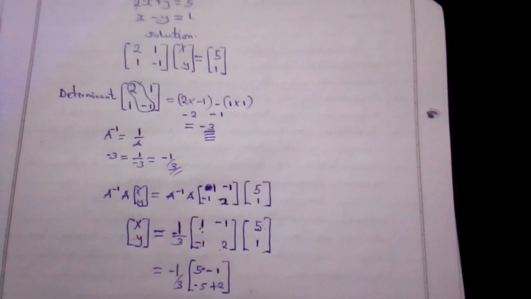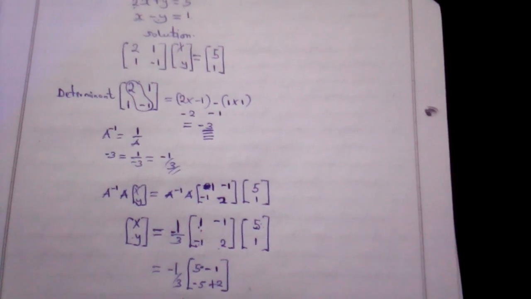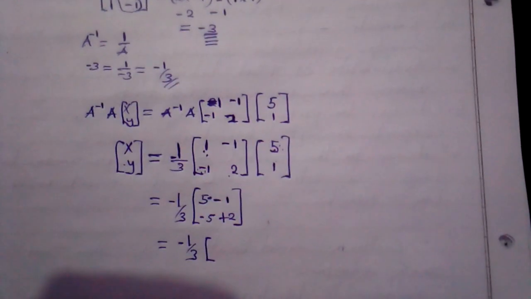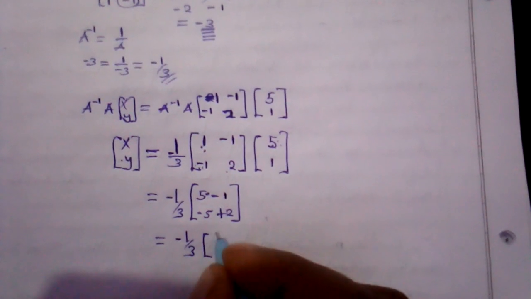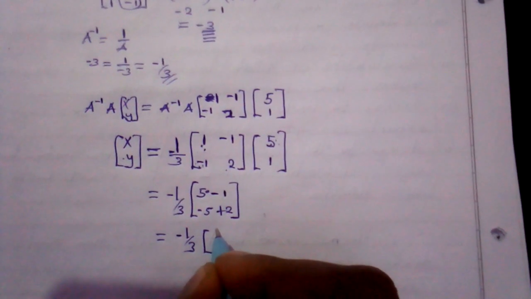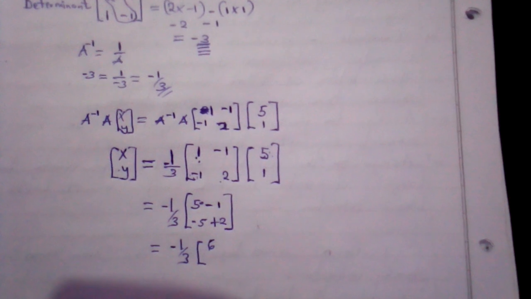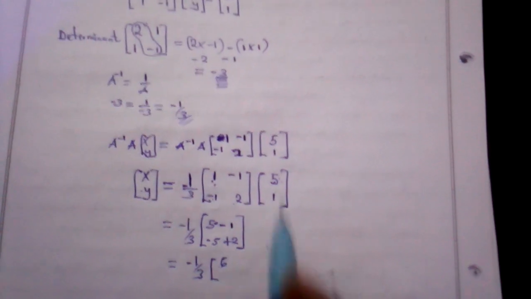So it's going to be the same as negative 1 all over 3 into this one, it should be 6.